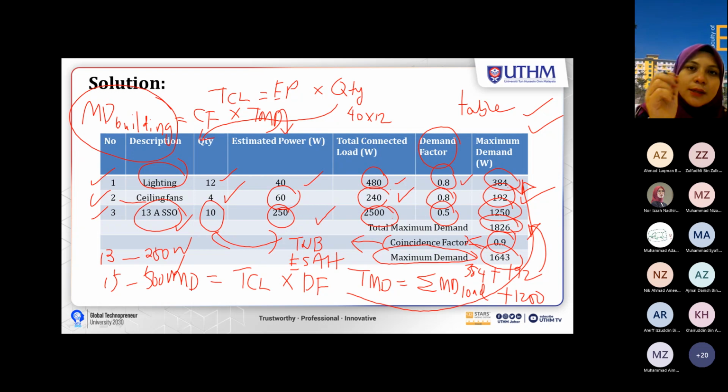Means that when you do the calculation, the maximum demand must be within that range only. It can't be too much higher, because if it is, we have to consider 3 phase. For example, if it is less than 5,000 watt, we must use single phase. But more than 5,000 watt, we have to consider 3 phase. For example, a bungalow is 3 phase. Okay.